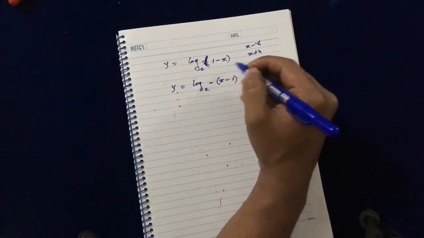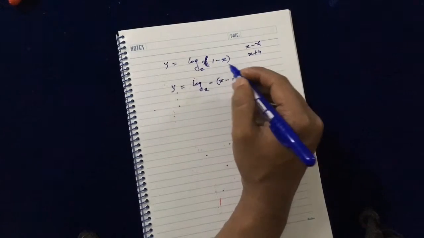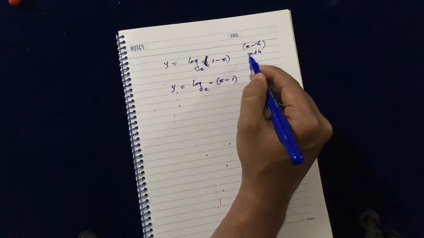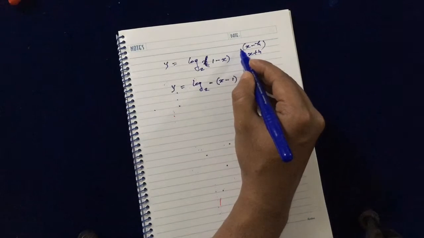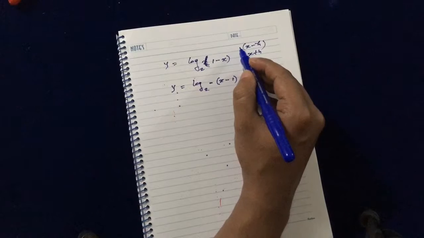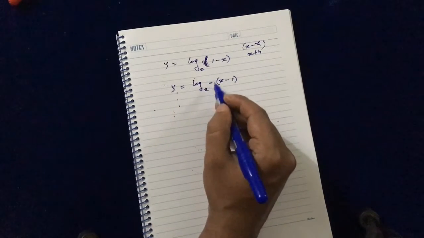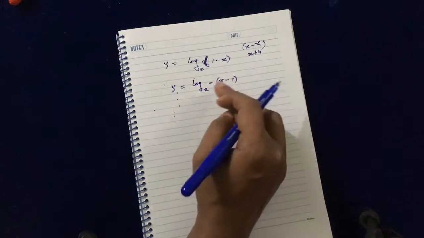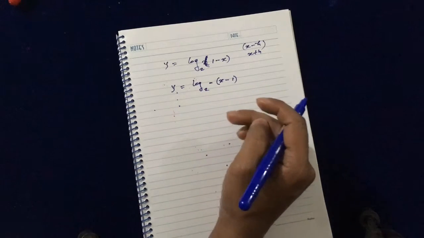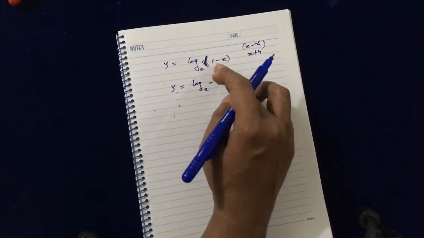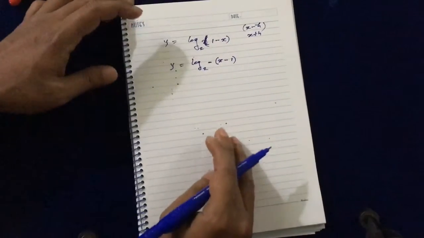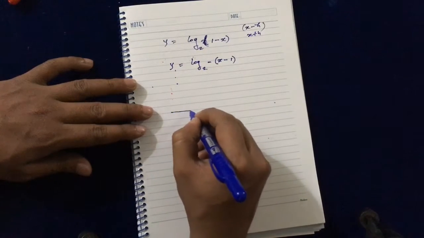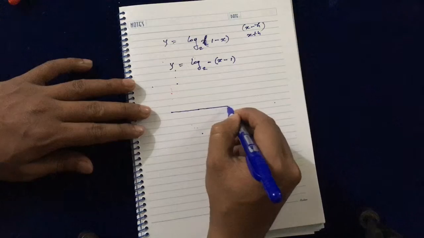We cannot suddenly make something negative into positive, but we can get the x minus h format by taking a negative outside. There is no problem if we take a negative sign outside, but we cannot keep the negative sign inside. Those are the rules for the transformation, and there are reasons for that.